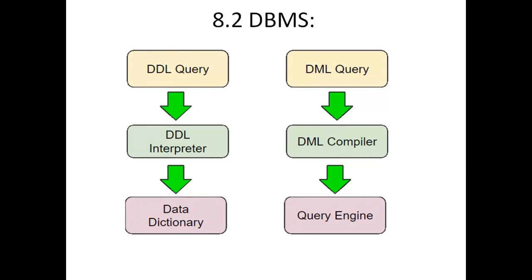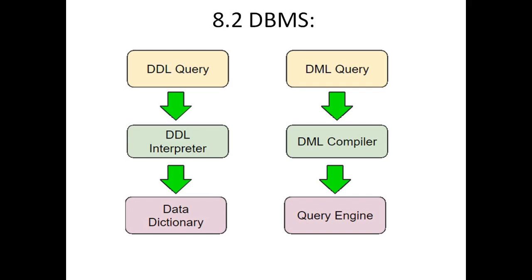So basically there are two types of SQL queries, the DDL queries and the DML queries. DDL queries are dealt with by a DDL interpreter and they end up modifying the data dictionary, which is the metadata of the database. Basically, if you are creating a new table or you are inserting new fields into a table, then you would need to run DDL queries, whereas if you are simply extracting data from the table or you are inserting new rows or records or tuples into an existing table, then you would use DML queries.